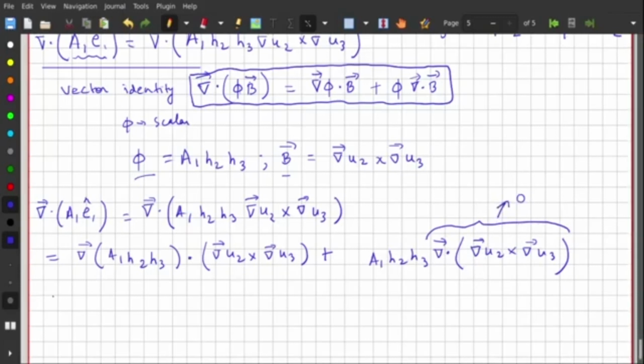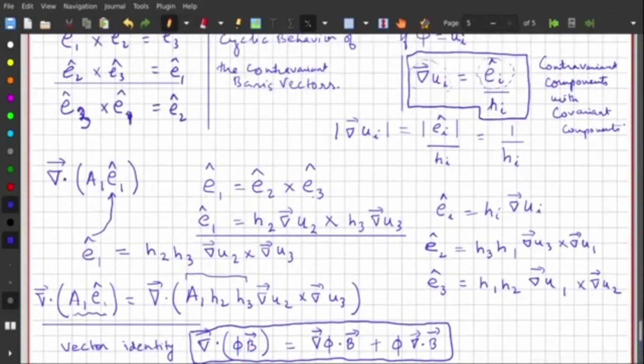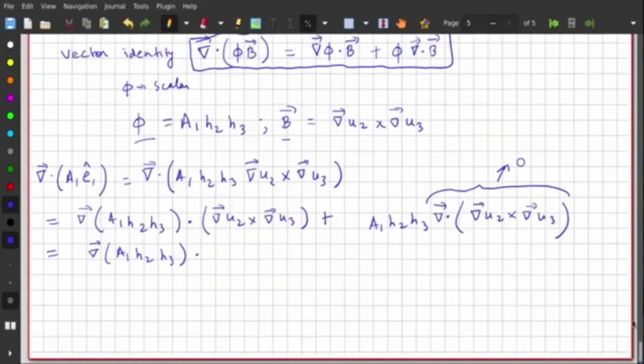So then this expression becomes the grad of A1 H2 H3 dot grad of U2, which using this identity we can write as E2 by H2, using the contravariant components instead of the covariant. This will be written as E3 by H3.